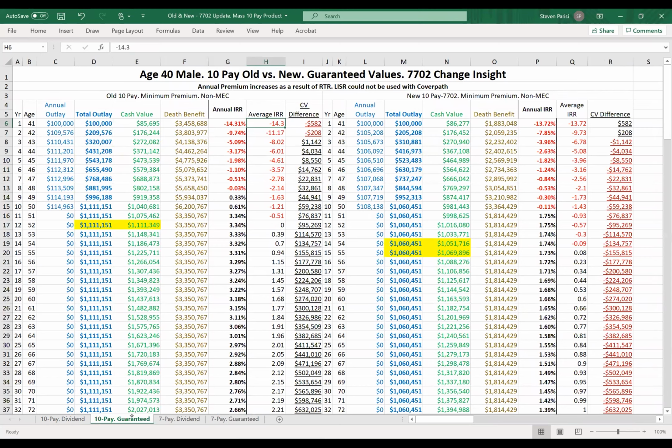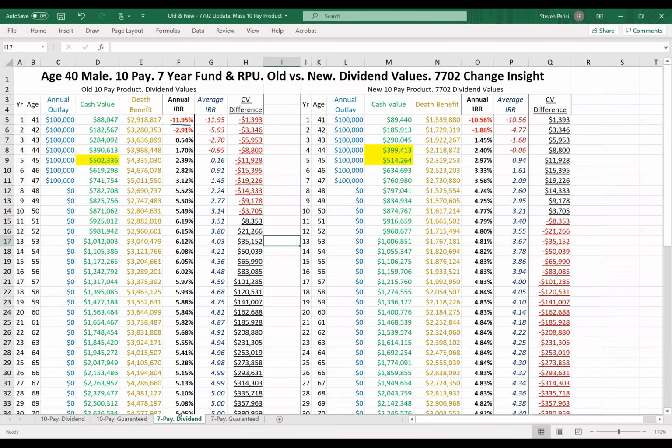With Guardian, I didn't see much of a change. There was a change with the MEC limits, but looking at the guarantees, they actually got a bit stronger with Guardian. Now, the rate was still 4%, so when that adjusts, we'll see where everything falls. But again, looking at different companies, products and such, as we have more information, that'll be very valuable in that respect.